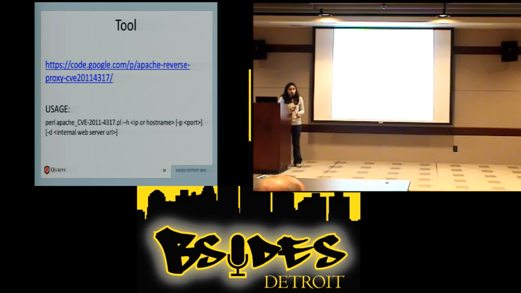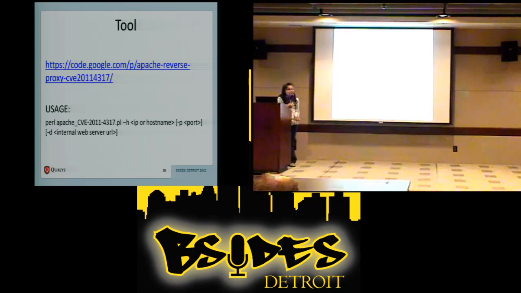I also have a tool available to check, if you have a reverse proxy configuration, whether your rules are correctly or incorrectly configured. It's a standalone Perl script. You can download it from this URL, and all you need to do is provide it with your vulnerable Apache IP.